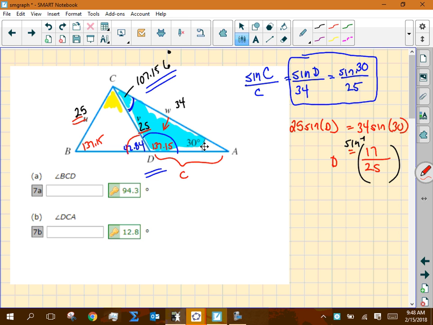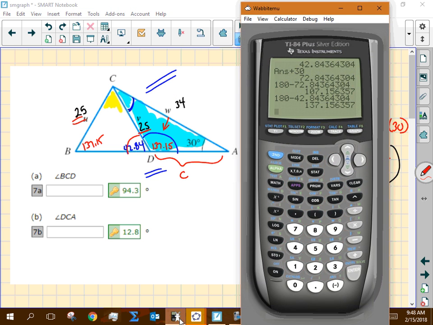Okay. So if that's the case, this top blue angle is going to be 137.15 plus 30 removed from 180, and that top angle should be 12.8. Okay? And that's what we're seeing right here as our answer for DCA.